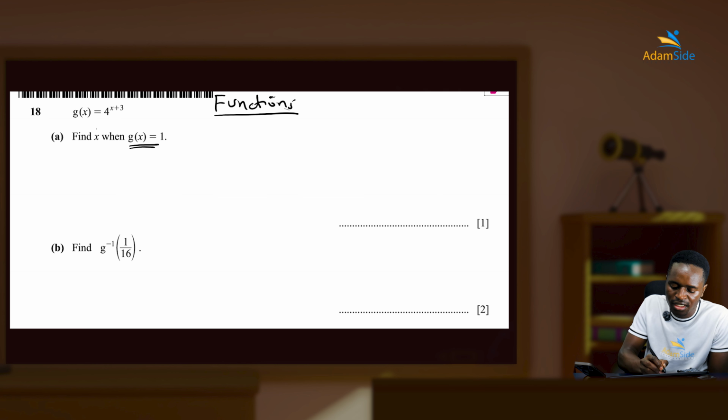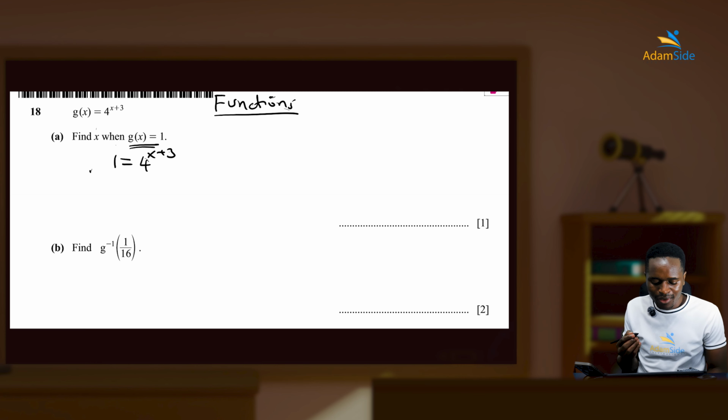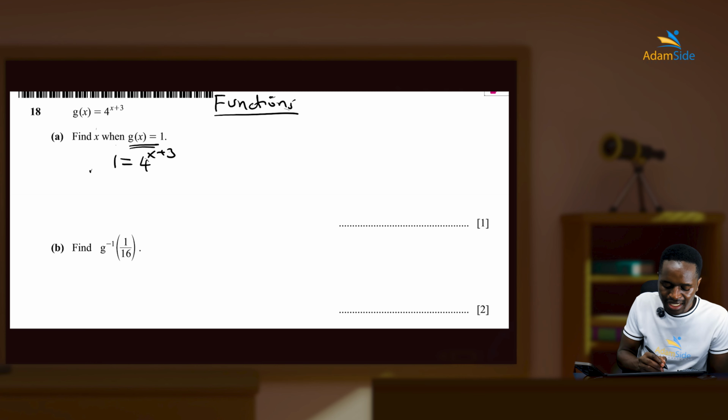So this is the range, or the output is 1. If you need to equate, they have to be in the same base. So we will say 1 is equal to 4 to the power x plus 3. Then we know a number to the power 0 is equal to 1. So 4 power 0 is equal to 4 power x plus 3.